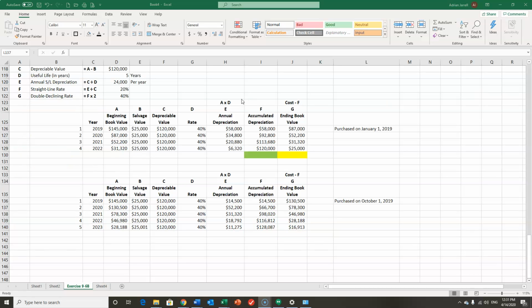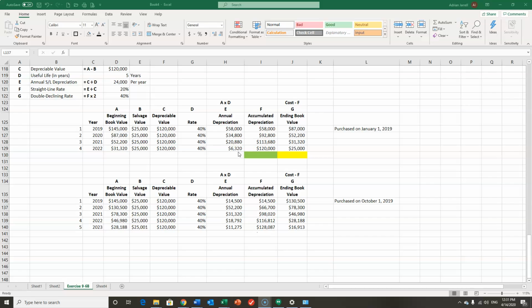Now the depreciation schedule we just did is for an asset purchased on January the 1st, 2019. But let's look at it when the asset is purchased on October the 1st, 2019.